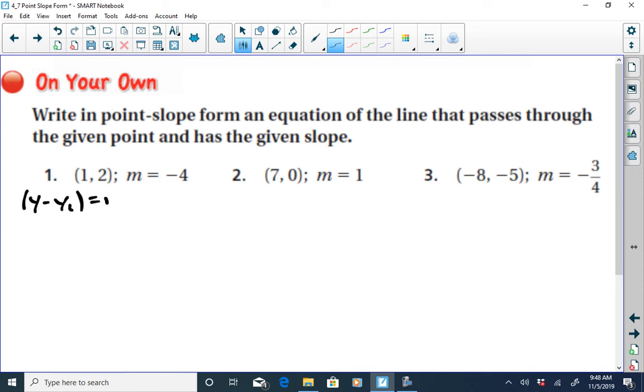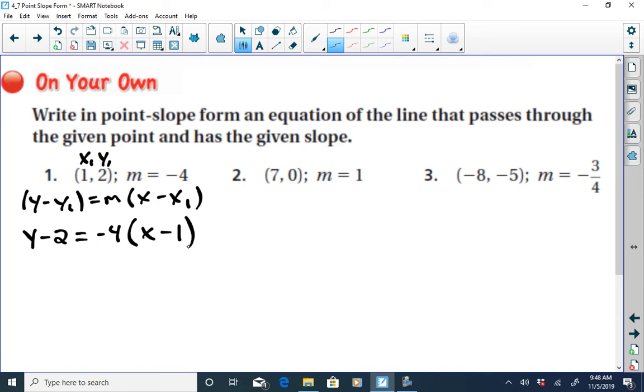That's going to be equal to m parentheses x minus x1. All right, I'm going to identify the ordered pair as x1 and y1, and then simply use substitution. So we'd have y minus y1, which is 2, is going to be equal to our slope, which is negative 4, times x minus x1, which is 1.